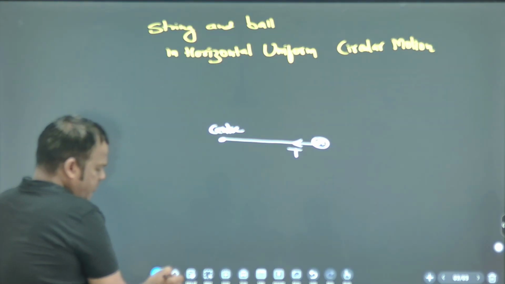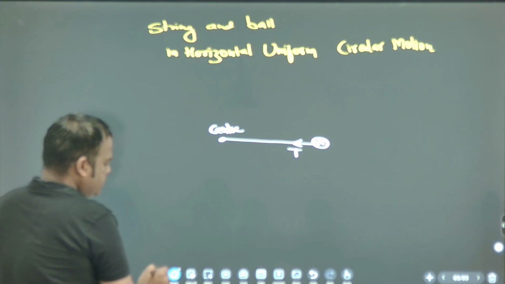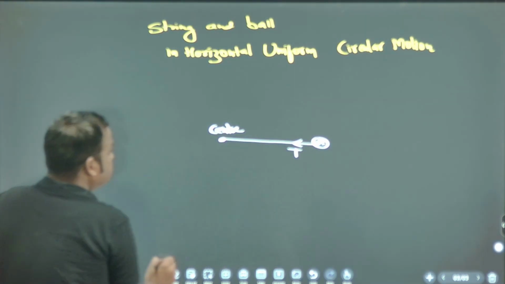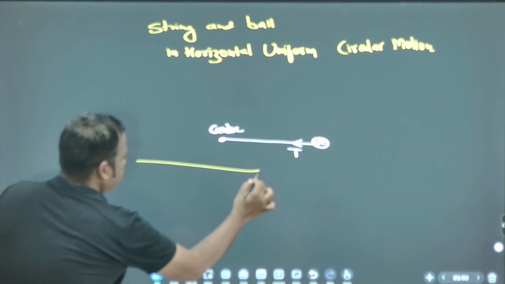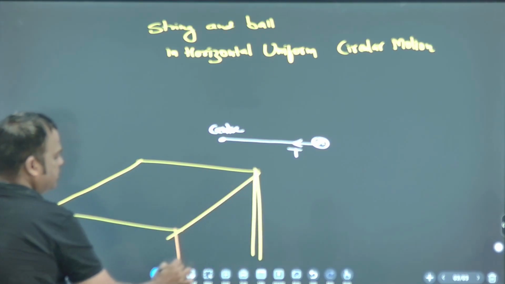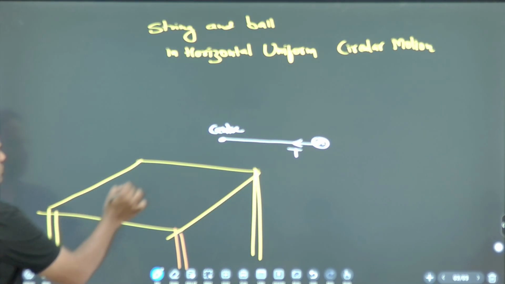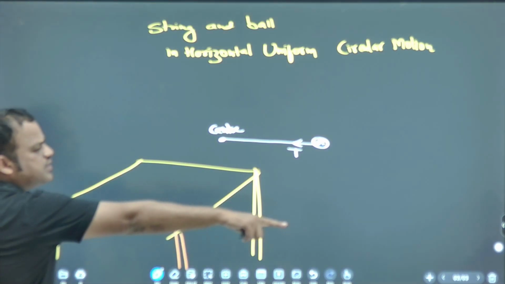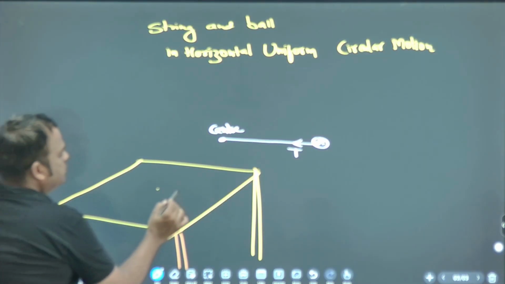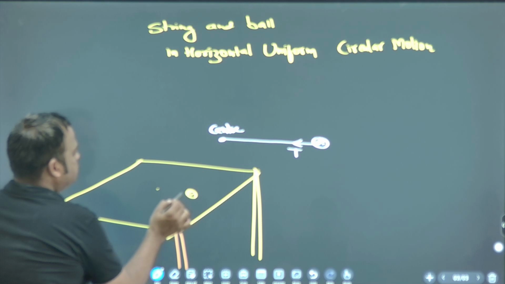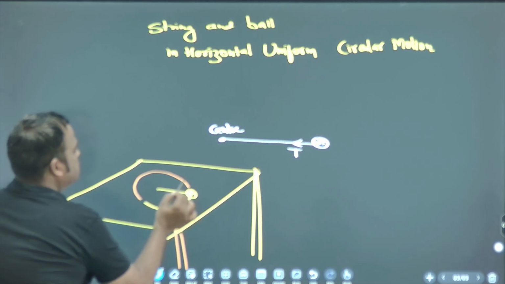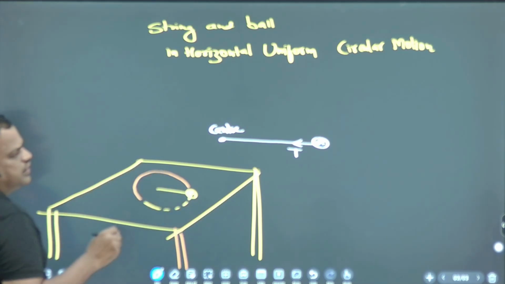And some support will be there. You can assume a table. This is the table, 4 legs are there. So this is the center, and this is the ball and string. Now it is performing a circle.